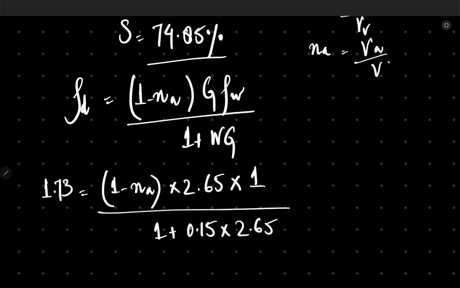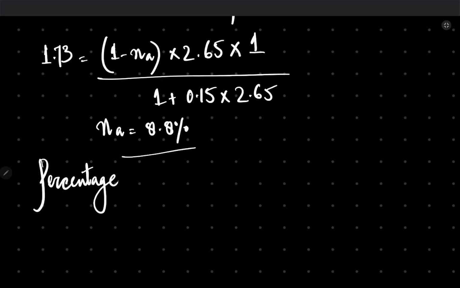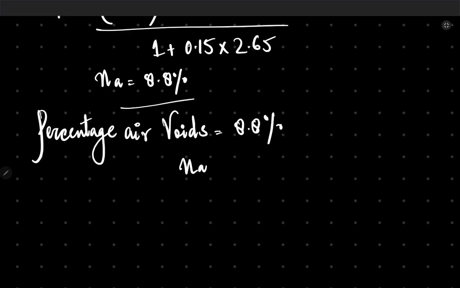Upon calculations, Na is 8.8%. That means percentage air voids, which is the ratio of volume of air to total volume, is 8.8%.